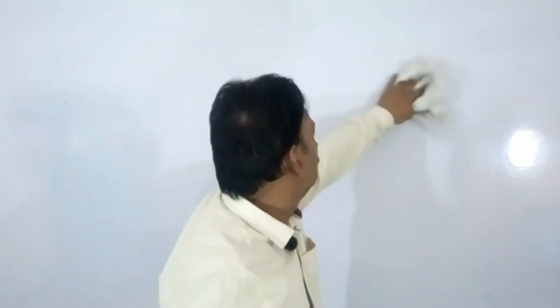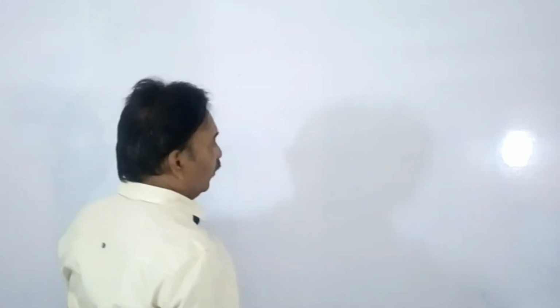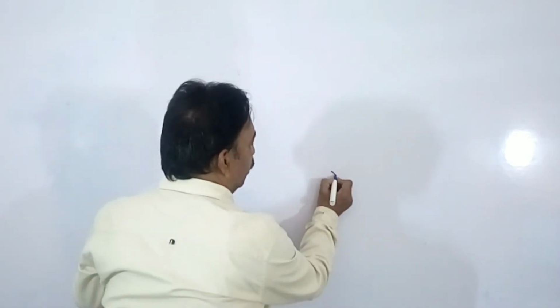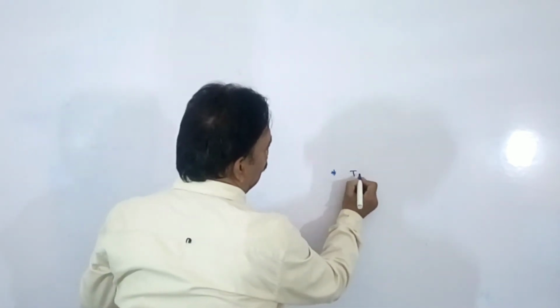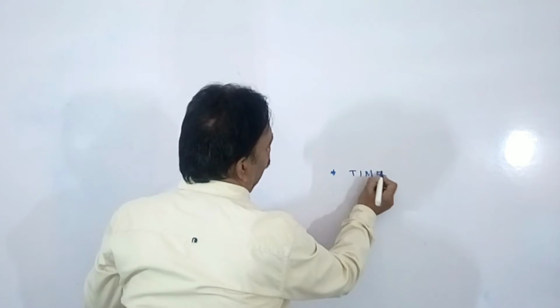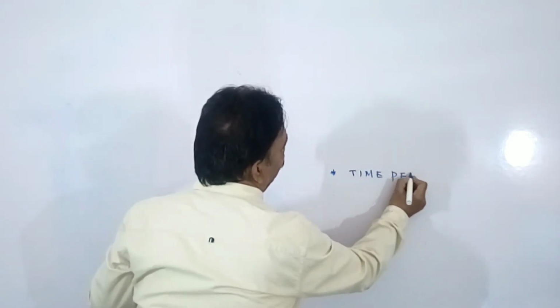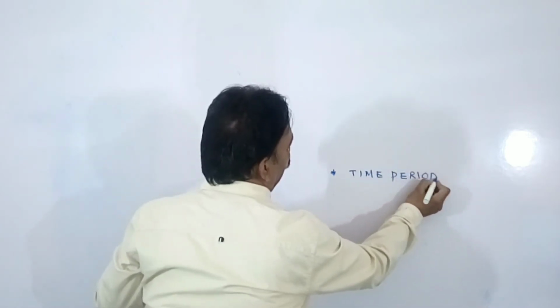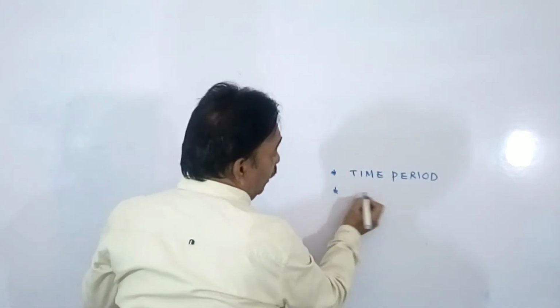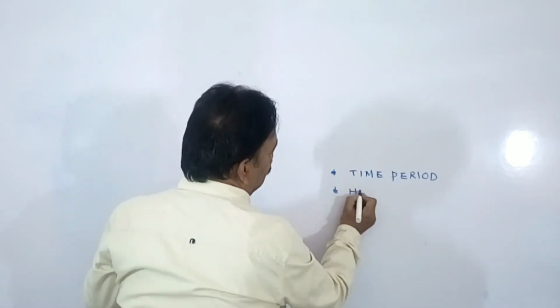Okay students, mainly we have to talk about the physical quantities when we consider the projectile motion. One is the time period. Second is horizontal range.